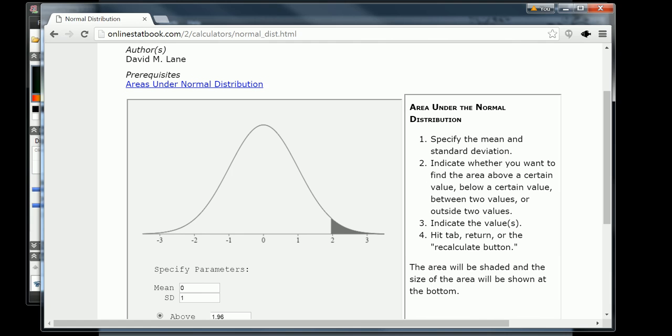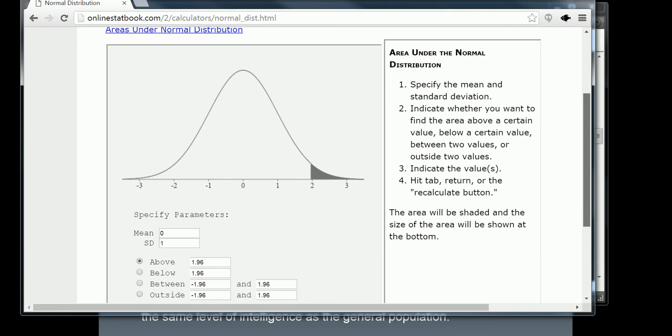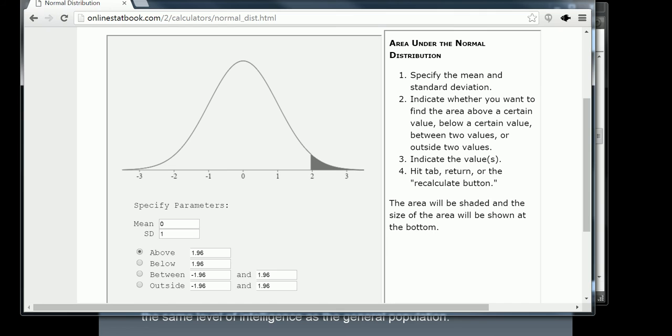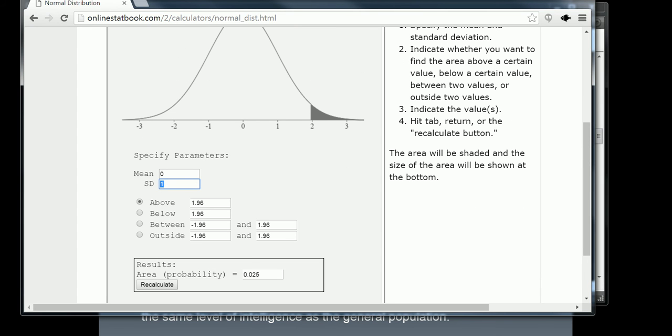That's what I wanted that there for. Alright, so let's say we have a normal distribution. We'll leave this as a standard normal distribution. Won't mess with this. Leave the mean at 0 and the standard deviation at 1. And we'll ask, what's the probability of getting a score?